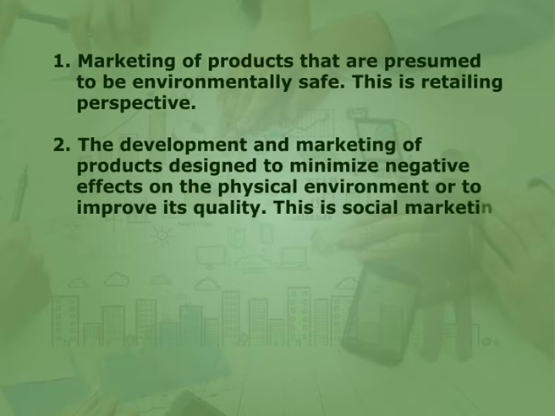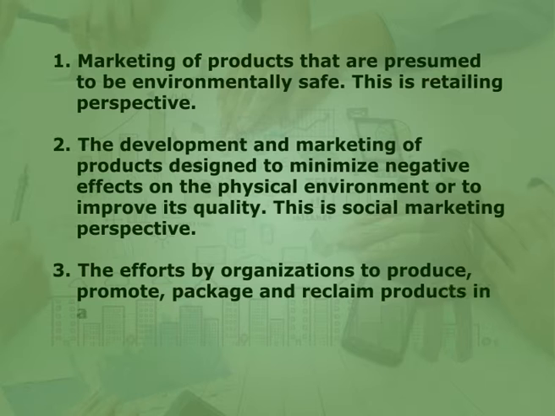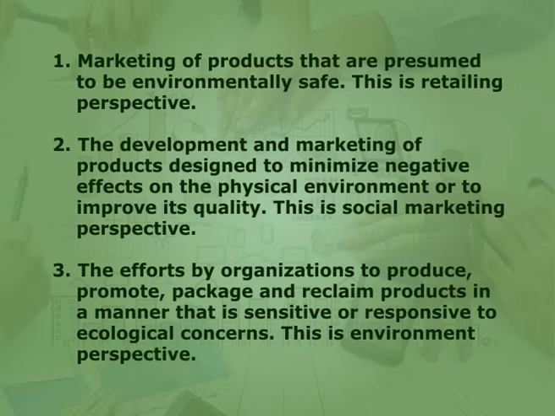This is a social marketing perspective. The third one, the efforts by organizations to produce, promote, package and reclaim products in a manner that is sensitive or responsive to ecological concerns. This is the environment perspective.